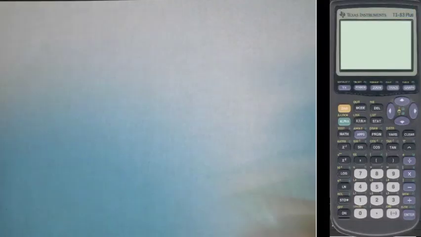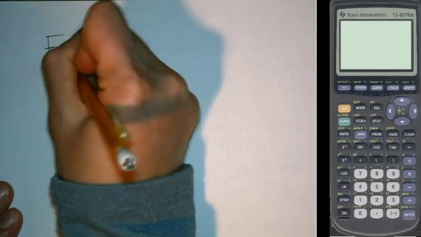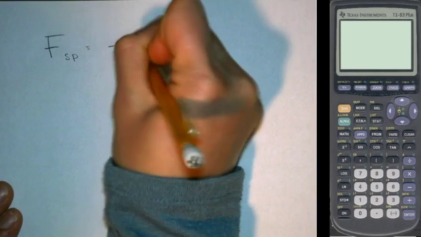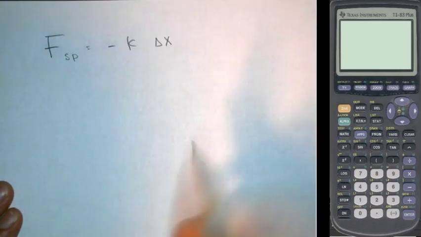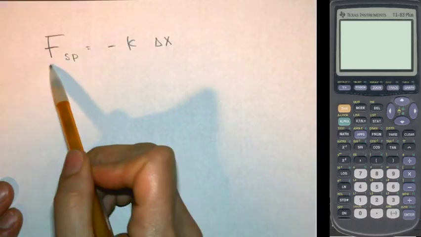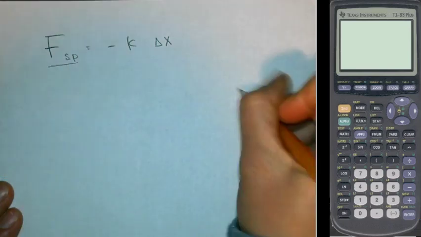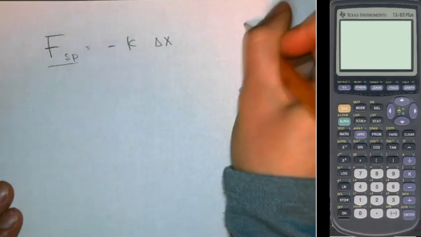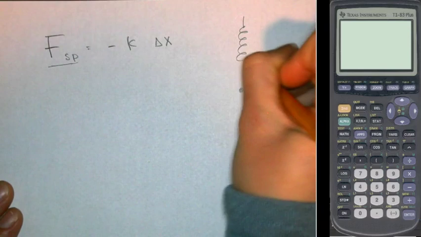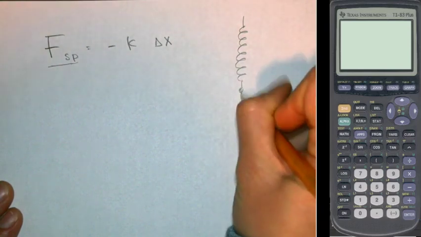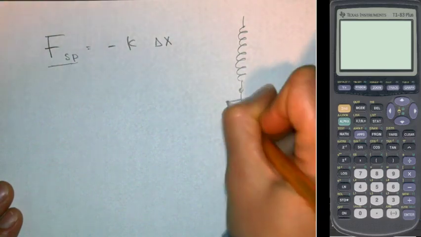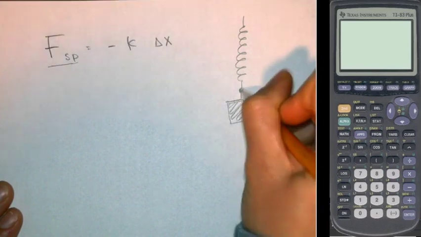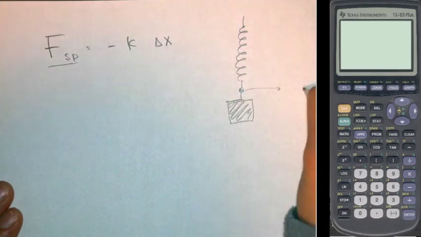We are using Hooke's law, which says that the spring force is minus k times the displacement from equilibrium. And we've calculated not the spring force, but the weight. But if you think about this spring right here with a mass hanging from it, right at this dot, let's draw a force diagram.